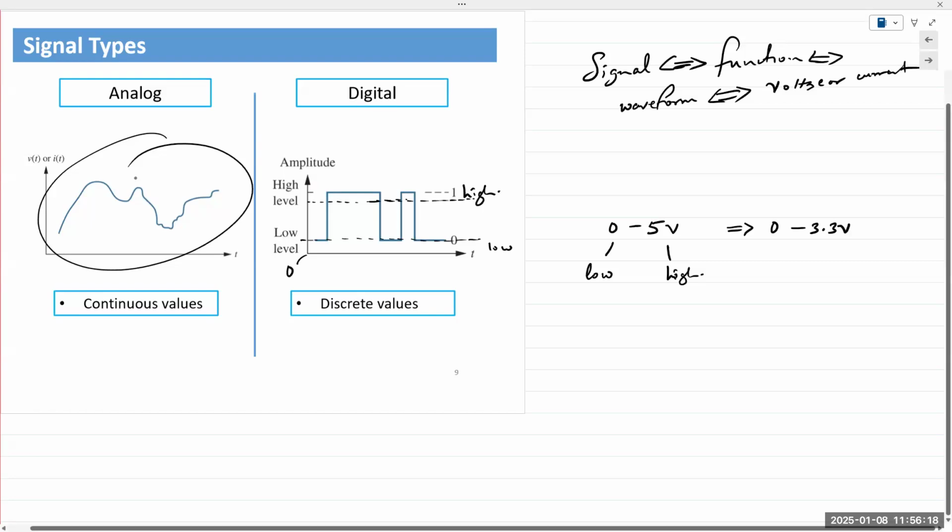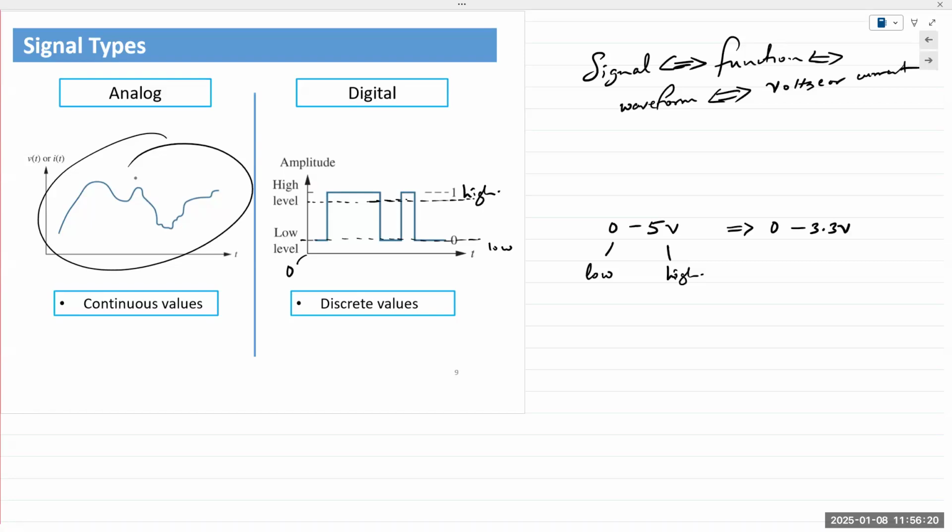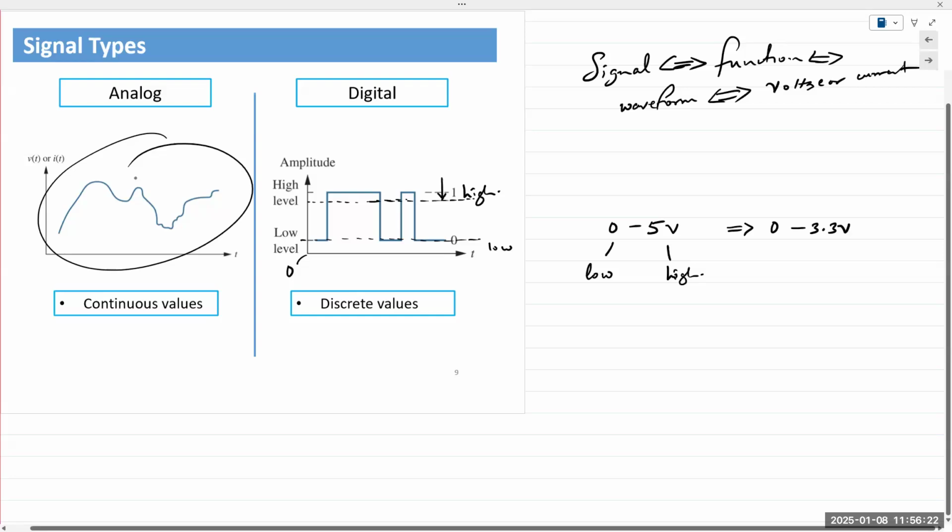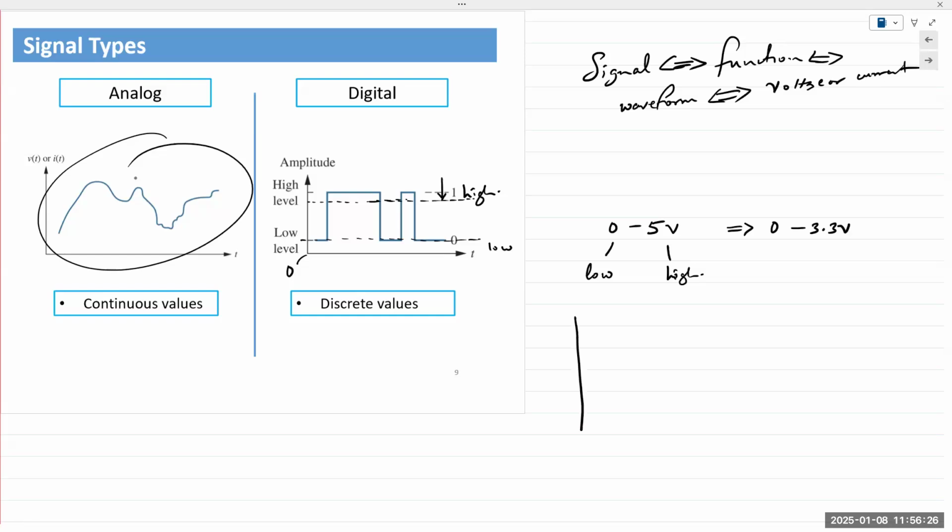So the question being asked is, why is this all the way here, low? Let's say it's 0 to 5. Let's explain with an illustration. If this is 5, for example, there are always fluctuations in a circuit.